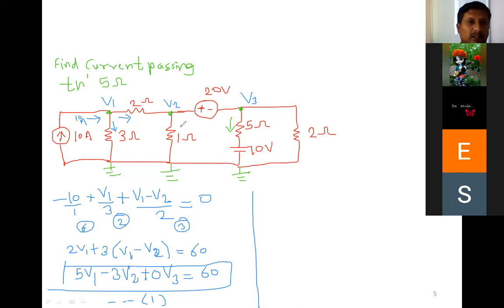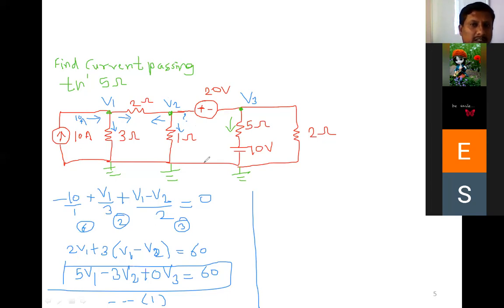Now second, we have to apply the KCL at the V2 point. This current you can mark as outgoing. This current you can mark as outgoing. What about this current? Between V2 and V3, is any resistor or any passive component connected?